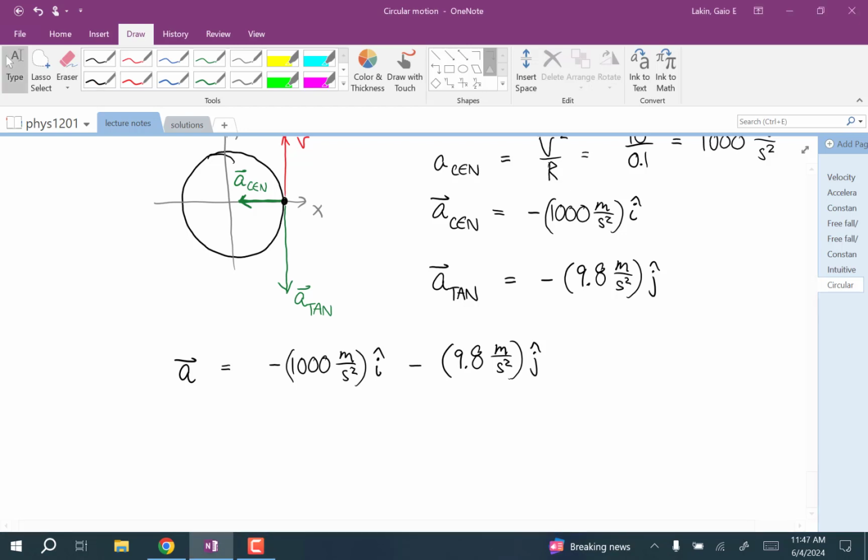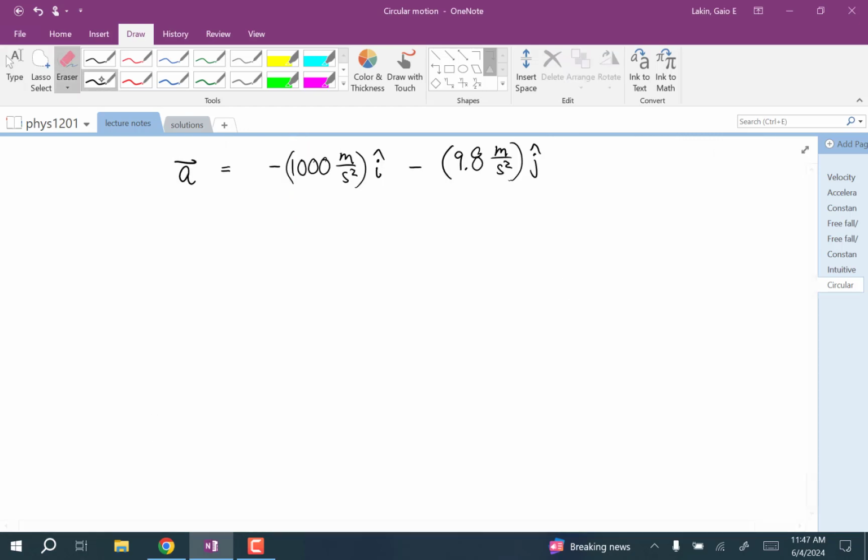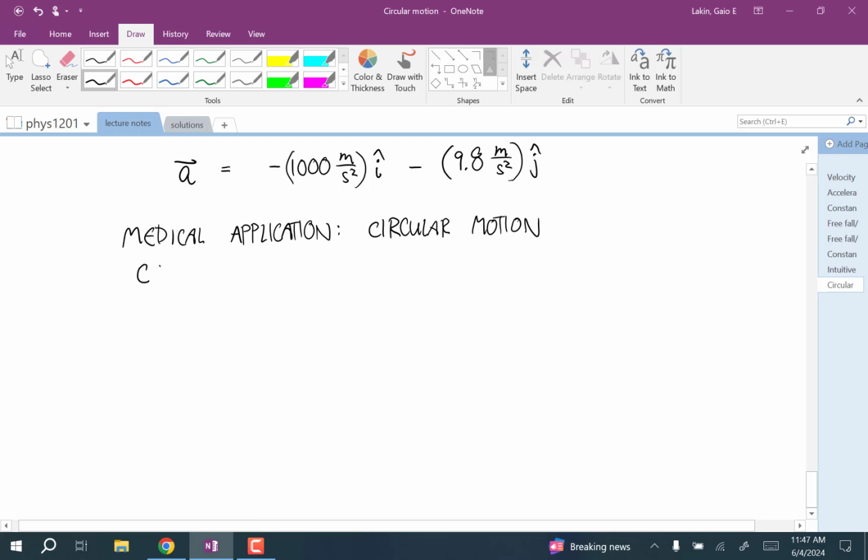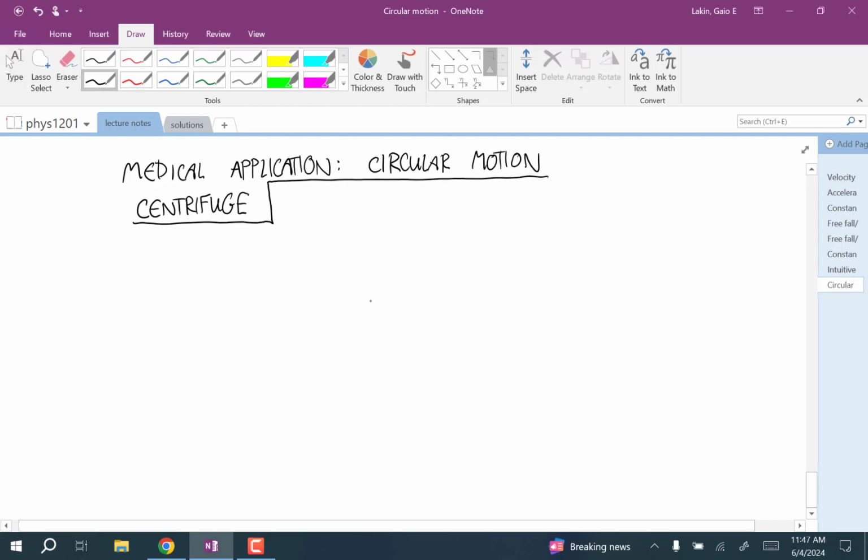Okay, a medical application of circular motion is the centrifuge. And a centrifuge looks something like this.